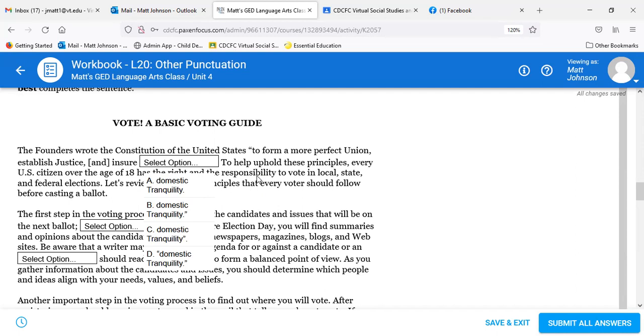We want B. We need a close off quotation.